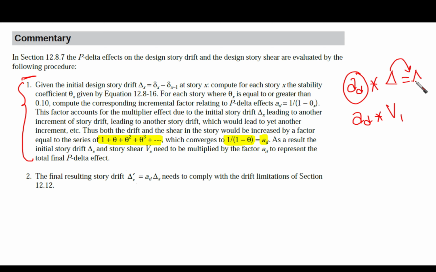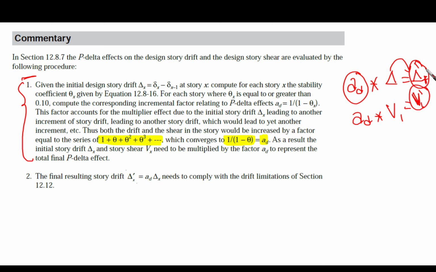Let's assume it's, for example, delta 1, and here this is going to be V, or let's assume this is delta prime, for example, and here this is V_1 prime. But the problem is we need to recalculate these again.